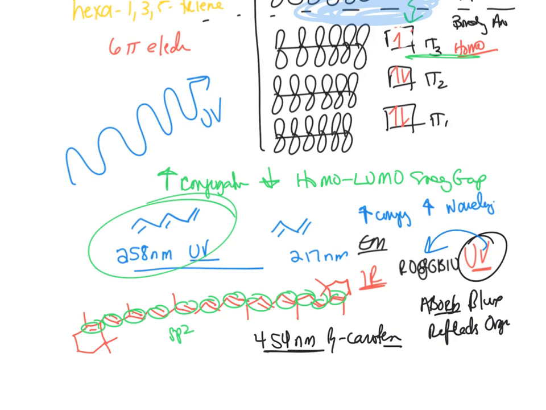Hopefully you understand that the more conjugation, the lower the energy is at room temperature, and then you can understand how UV spectroscopy works by promoting an electron from the HOMO to the LUMO orbital. There's a few reactions that I wanted to discuss in this chapter.